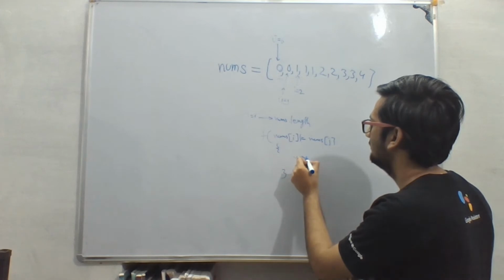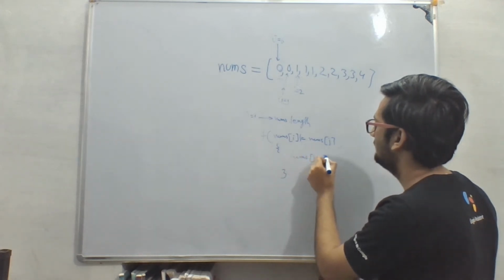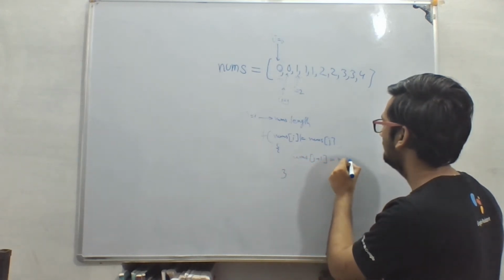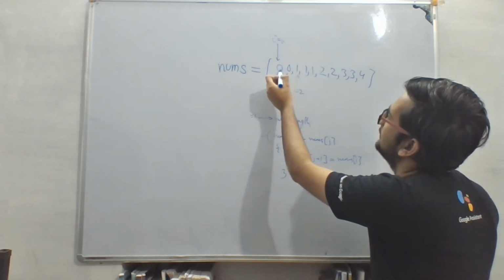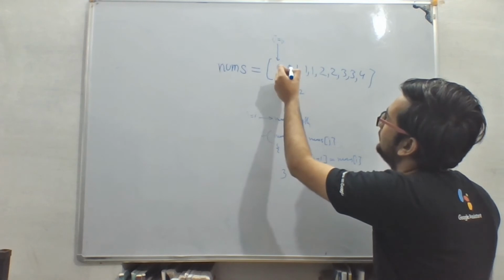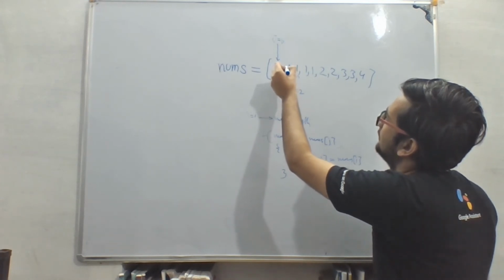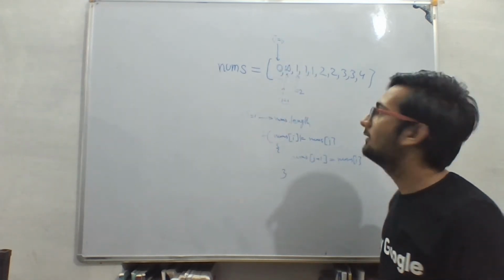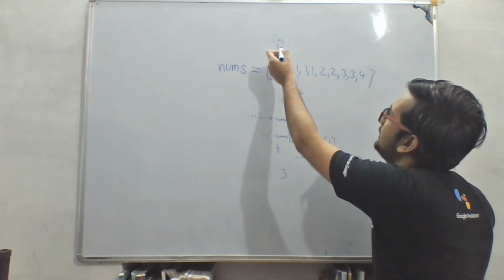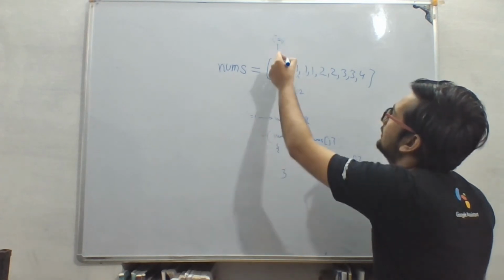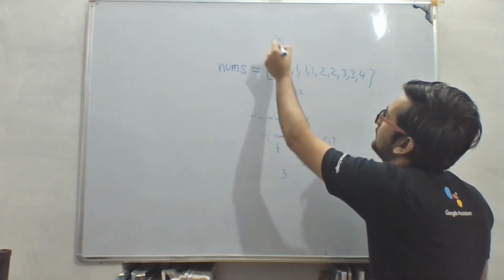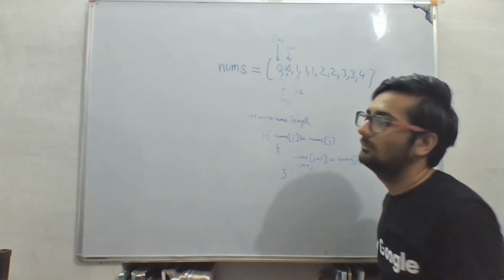So nums[j+1] equals nums[i]. This is the next element of jth, so we will replace this with 1. And also we will increase the value of j, so now it will point to this. j equals 1.